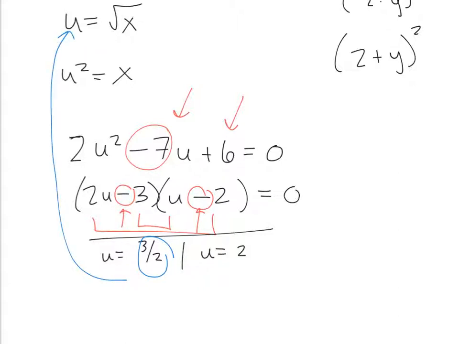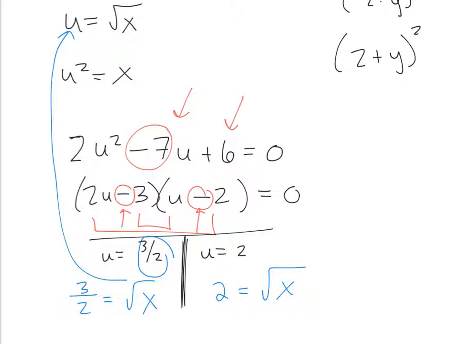So 3/2 equals radical x, or 2 equals radical x. Remember, I take the values of u, as Will said, and plug them into the let statement.